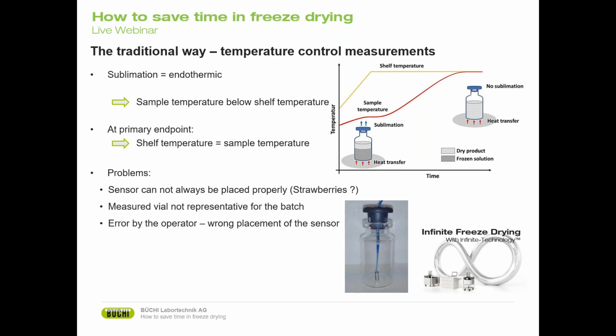Here, the rule of thumb is that usually the measured vial dries faster compared to non-measured vials. And also, we might have an error by the operator due to a wrong placement of the sensor. You can see here how it should be placed on the bottom and in the middle of the vial, because that is the point that is considered the one that dries last. However, because the sensor usually is flexible, it's actually not that easy.